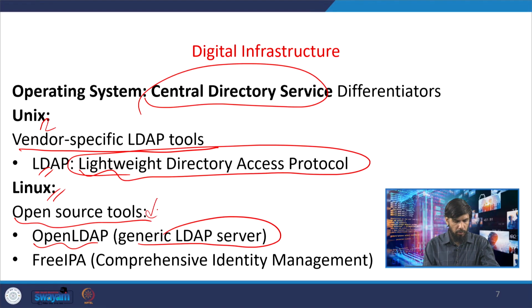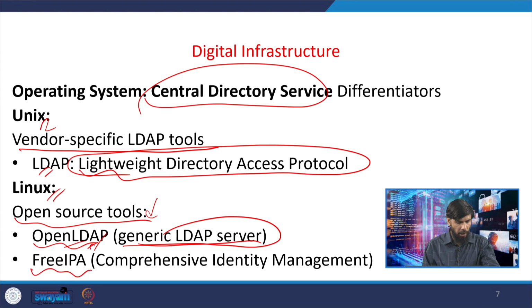But for the development happening in Linux products, for example OpenLDAP, the generic LDAP server, some of the LDAP tools used in Unix will look at those developments and port back some of the relevant or desired changes to their individual Unix flavors, right.